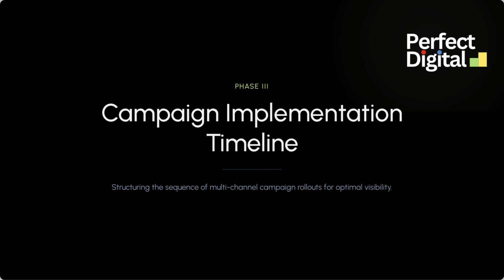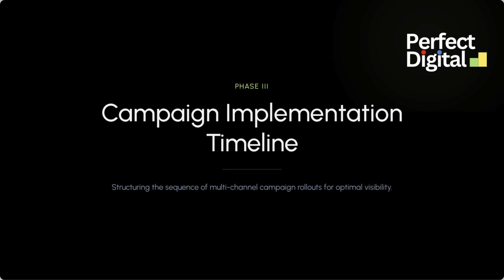We map this rollout across a disciplined 4-month execution sequence. Month 1 is audit. Establish clear baseline benchmarks and resolve deep technical issues on your core platform. Month 2 is content. Deploy educational problem solving assets and target high intent keyword structures.